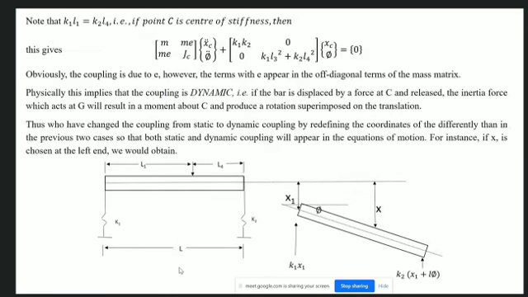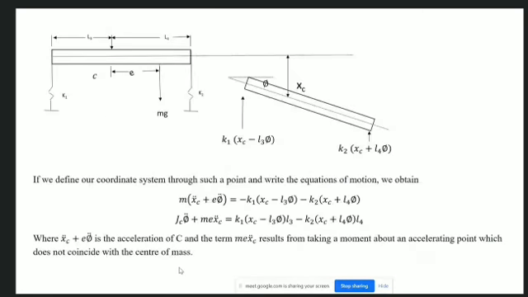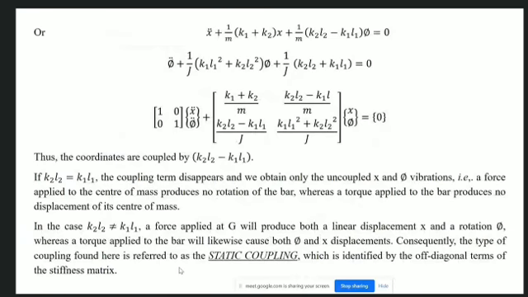What we are getting is like this. Again, here there will be a suffix 1. Now you see that we cannot solve this equation because we have this coupling term.